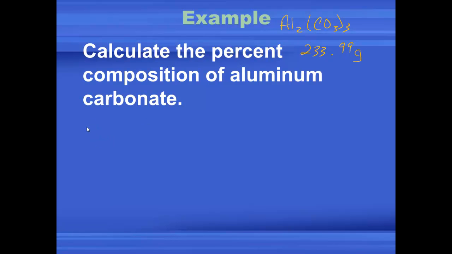So the part I'm looking for, the aluminum. So my 2 aluminums had a molar mass. We're doing aluminum first here, just because it's the first element. It really doesn't matter. 2 aluminums, 53.96 divided by my total molar mass of 233.99, multiply it times 100.